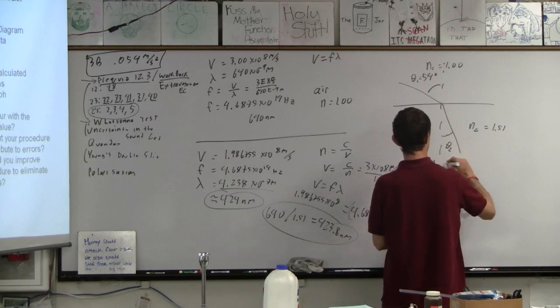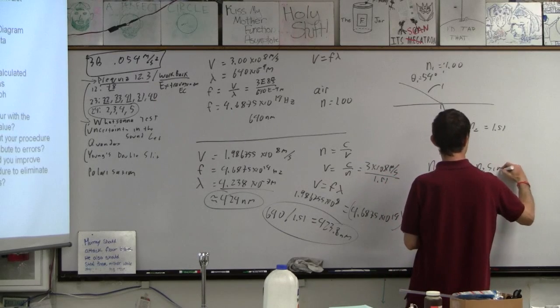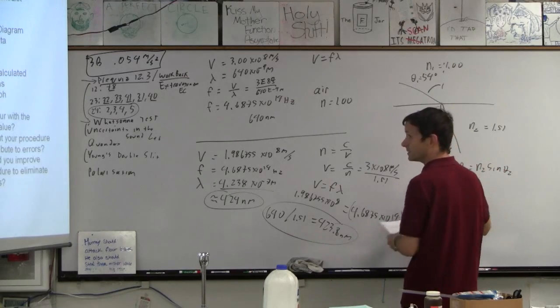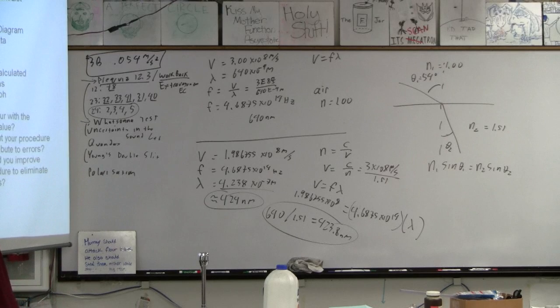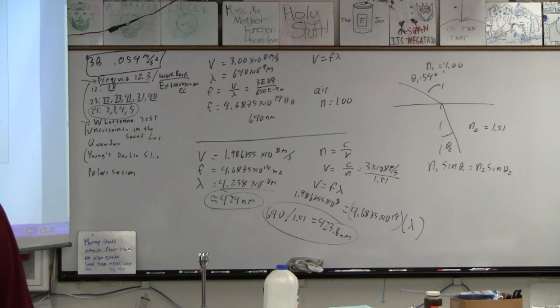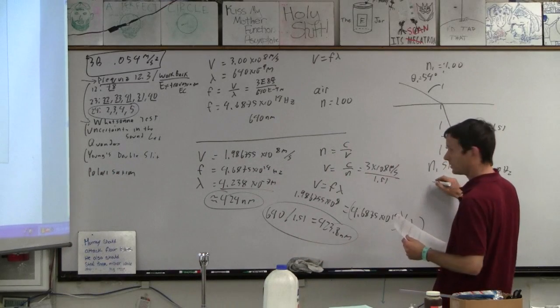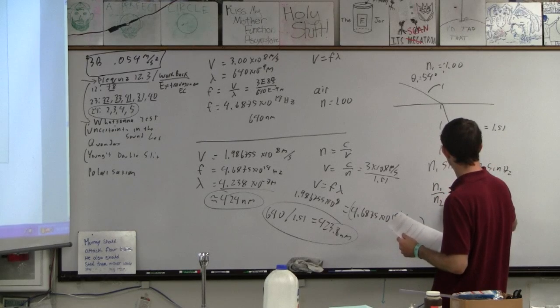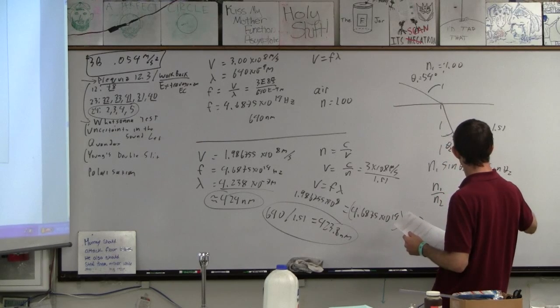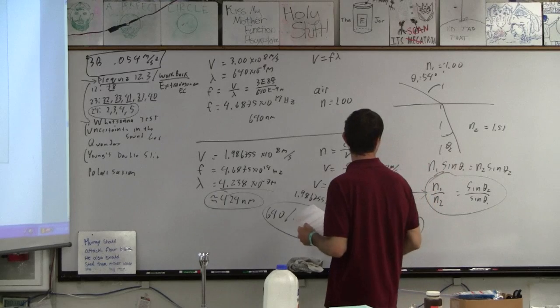So just use n1 sine theta 1 equals n2 sine theta 2, or as IB gives it to us, the form that's very unfamiliar to the rest of the world: sine theta 1 over sine theta 2 equals n2 over n1. That's what's going to actually be in your data packet.